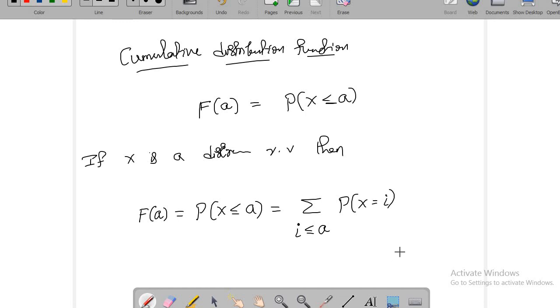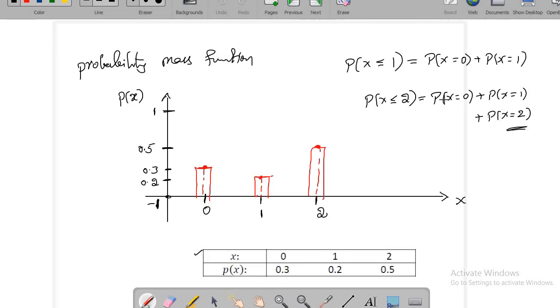It means up to a you need to add all probabilities before that. You can see this example to understand it. Since the possible values of x are 0, 1, 2, you are taking care of just 0, 1 and 2, that's it. Suppose it is taking negative 1, negative 2, negative 3, yes, that also you can take care of.